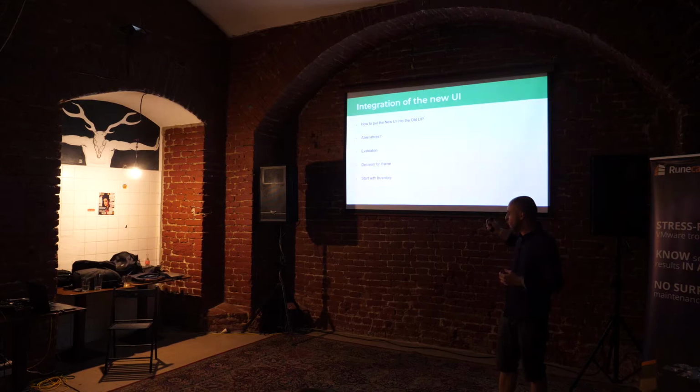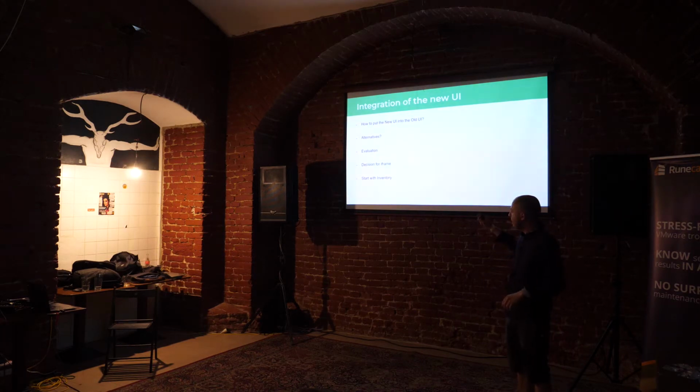An alternative would have been, let's say, you have the Vue.js application, which is the new UI, and you make out of that one big chunk of a Vue component, and you put it into the old UI. But it wasn't really something that we went for. Maybe somebody else would have made use of that, but the advantages usually there with this approach weren't there for us, because it's more for when you want a data flow in both directions.